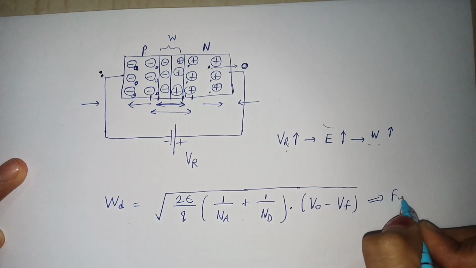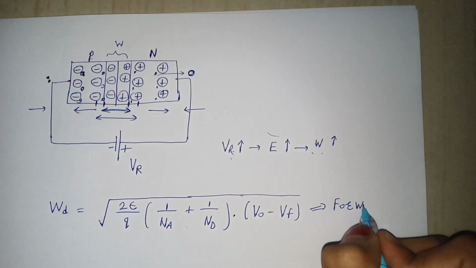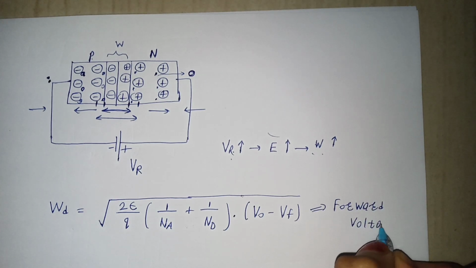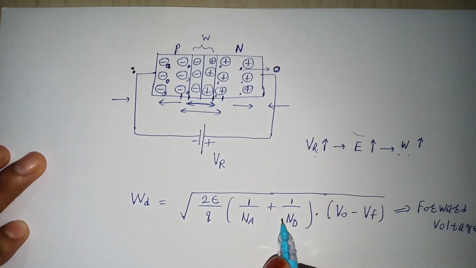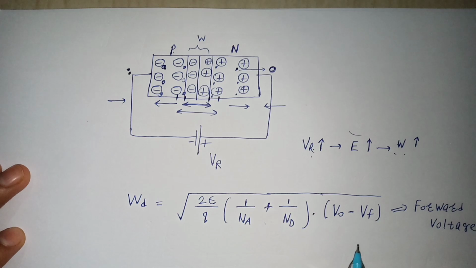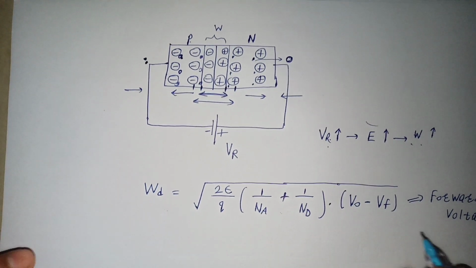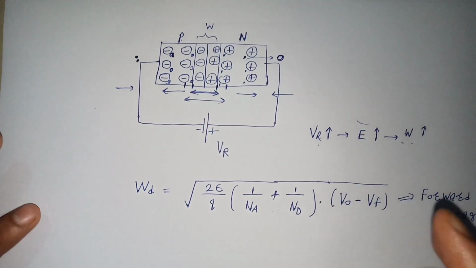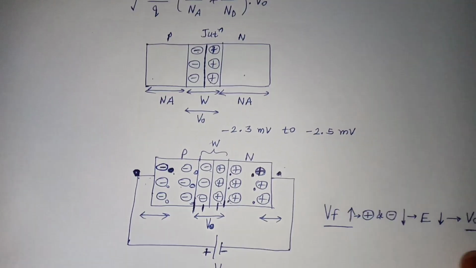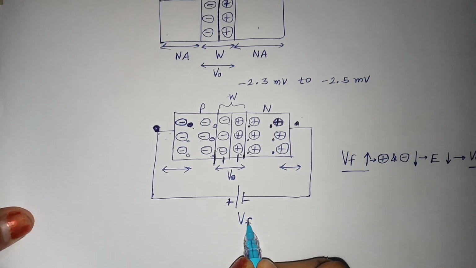First case, this is for forward voltage. Why is it minus? This is the default minus sign. Let's look at the condition. In forward voltage, what happens?